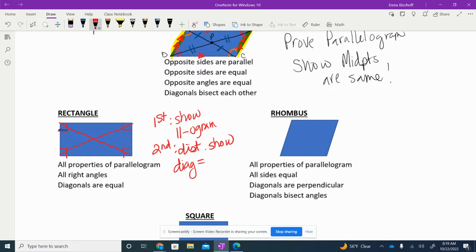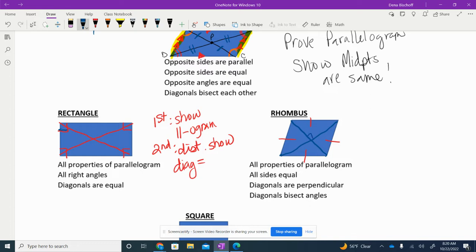For a rhombus, you have all of the properties of a parallelogram, and all of the sides are equal. So all of these sides are congruent to each other. And the diagonals are perpendicular.